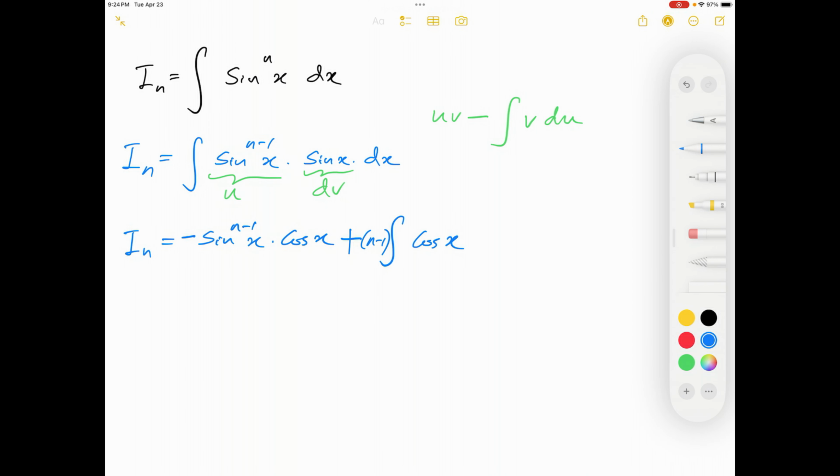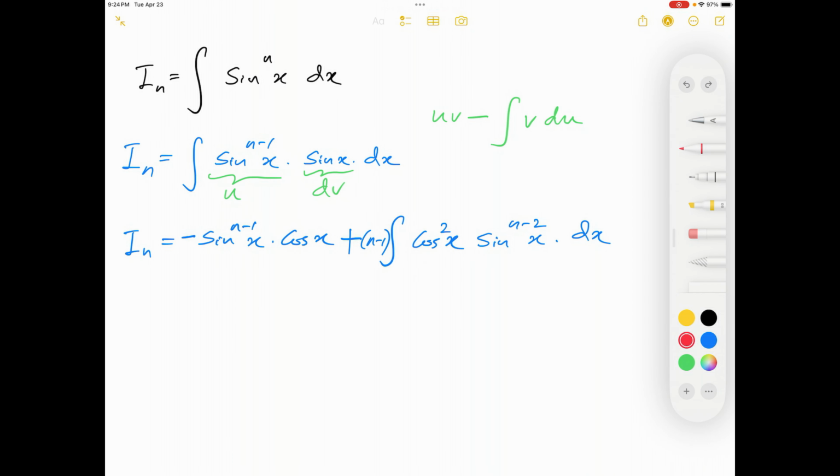Therefore, it will be differentiated as n minus 1 times sine n minus second power x times cosine x. That cosine x will be combined with the available cosine x right here and written as cosine squared x dx. I wrote this n minus 1 outside because n minus 1 is a constant.